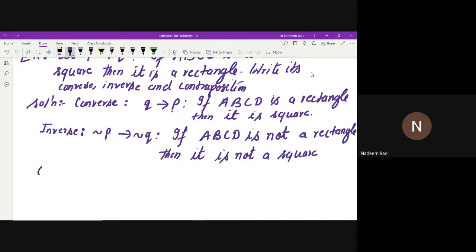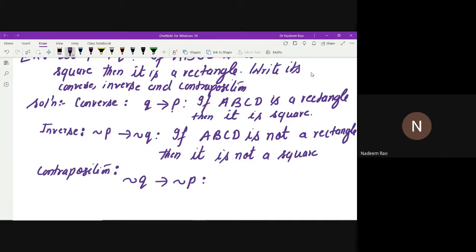And contraposition, what do you mean by the contraposition? That is, negation of Q implies negation of P. Actually, in the case of inverse, we made some mistake here.